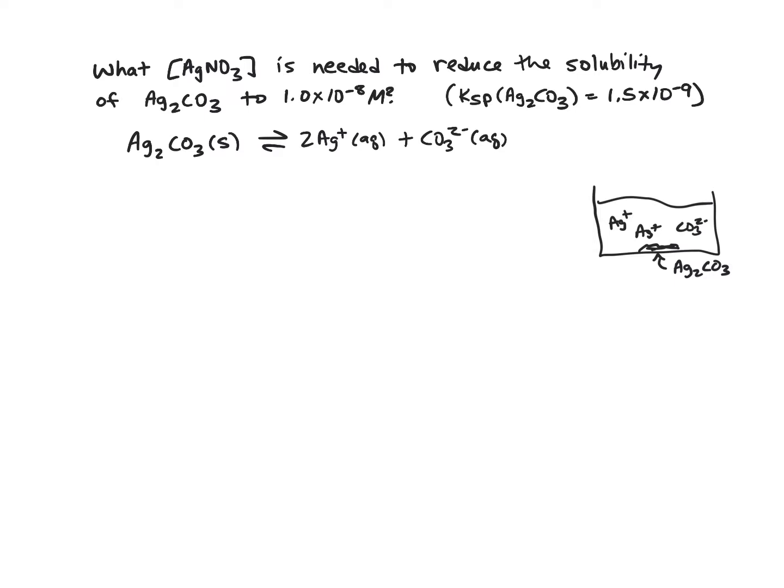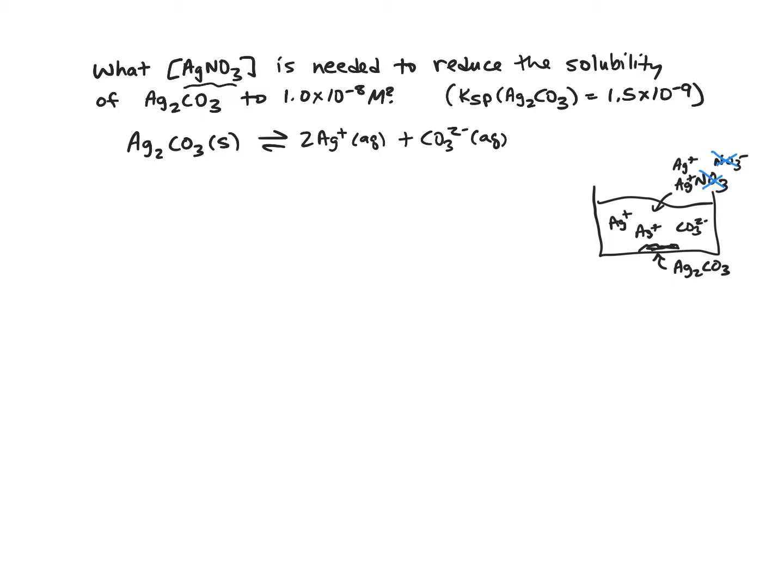And we also have a silver nitrate concentration. So in here we've got some silver nitrate, and the silver nitrate is of course going to consist of silver ions and nitrate ions. And the nitrate ions are not part of this equilibrium, so they're spectators. We don't really have to worry about them.